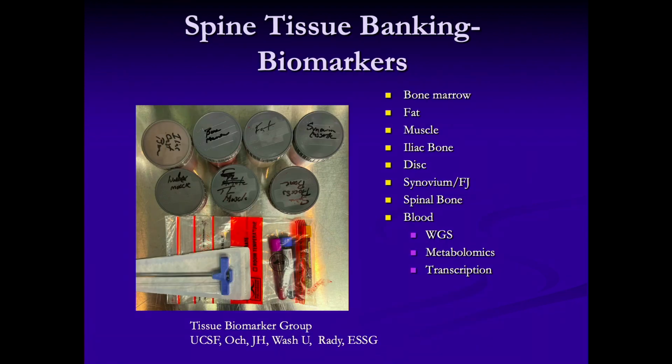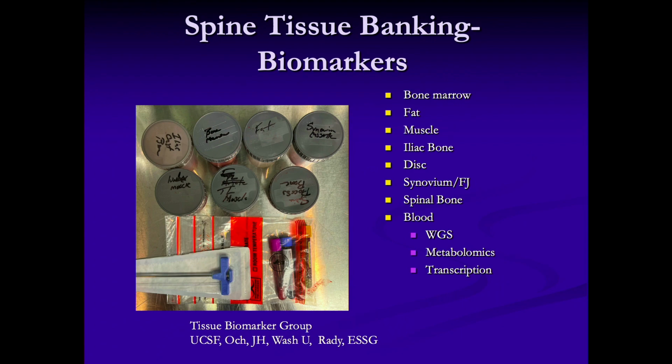We think that the answer in the future is going to come in large part from biobanking. We started at UCSF in neurosurgery, and we're expanding this. Lekos Theologis, who's here, is going to be working with us as well. We started a tissue biomarker group, which is UCSF, OC, Hopkins, WashU, Rady, and the European Spine Study Group, to collect all of these tissues that we encounter during surgery.